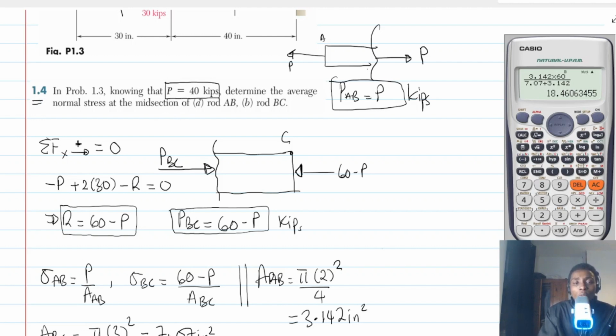So this time the question is saying that if we know that P is 40 kilonewtons, determine the average normal stress at the midsection of rod AB and then BC. So this time around, you go back and you know P, so we don't really have to do anything else.